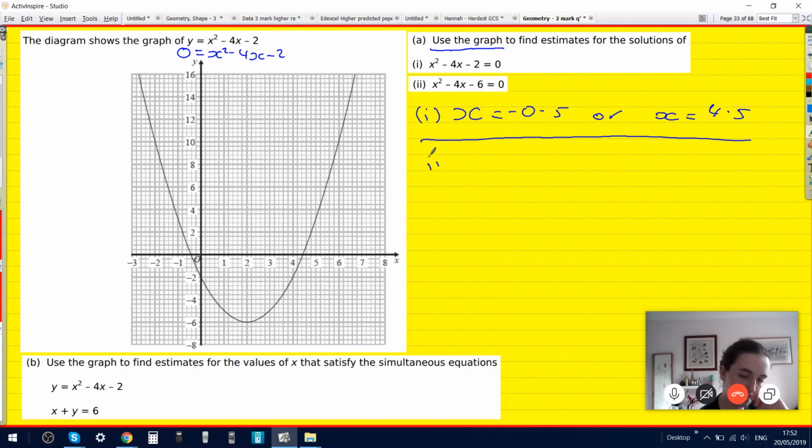How would you do part 2? X equals 2. No, that would be if the graph was equal to minus 6. The graph is x squared minus 4x minus 2. What do we have to do to turn it into that?